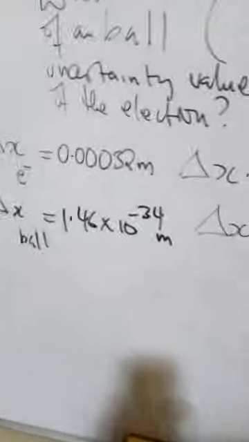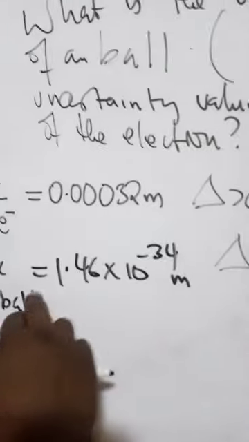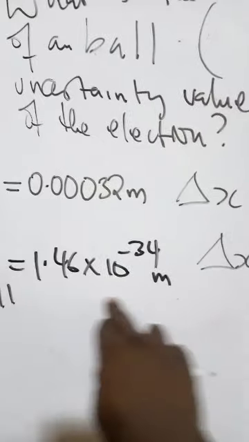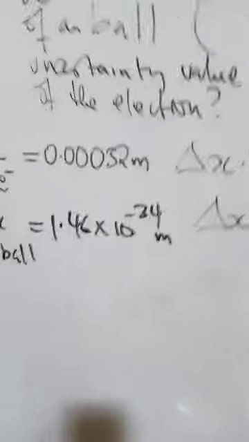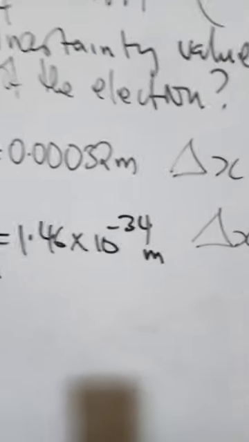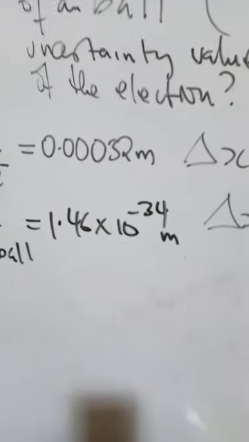So as you can see from the two values, this value for the uncertainty in position, it is practically difficult or impossible to measure that length. It is so small.